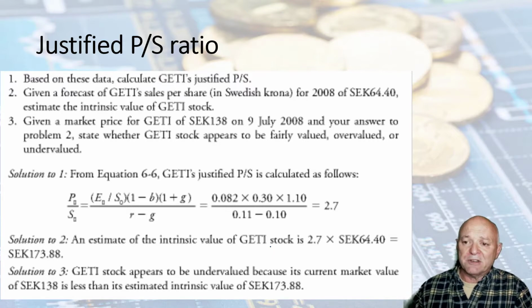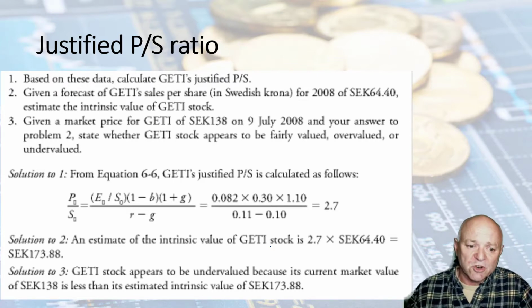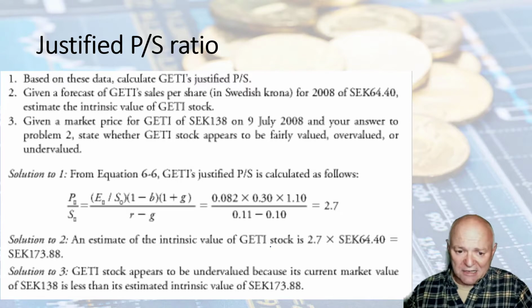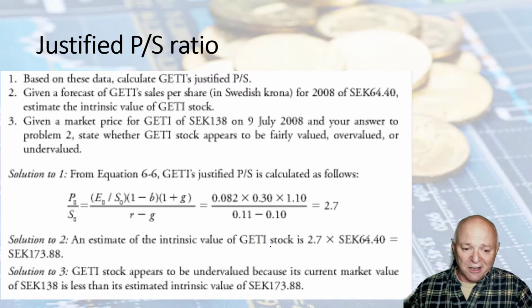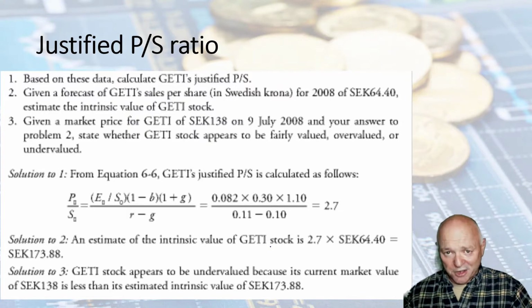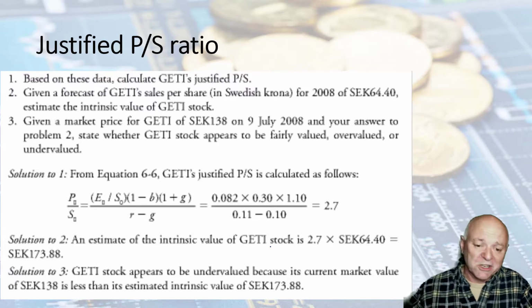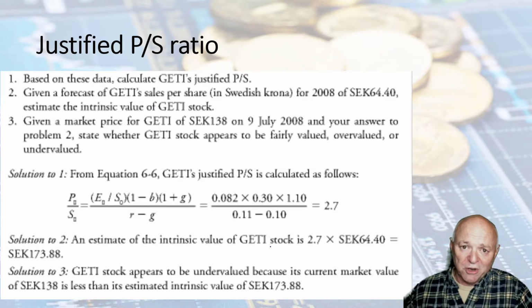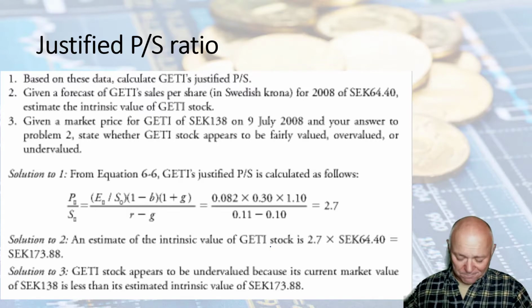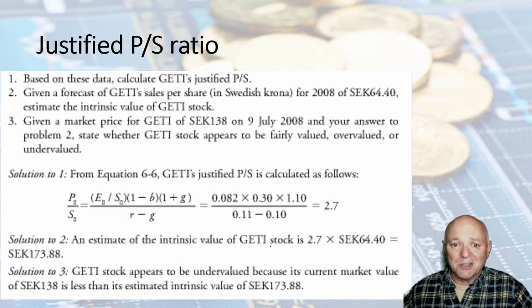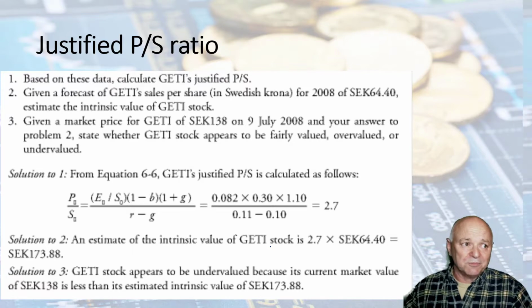So we have 2.7 times the predicted sales of 64.40 gives us a valuation of Swedish krona 173.88. The actual quoted price on the stock is 138, and that's a lot lower than our predicted 173, and so we'd say that it appears to be undervalued, and yes, you should buy it. So that's using a price to sales multiple in order to value the business.